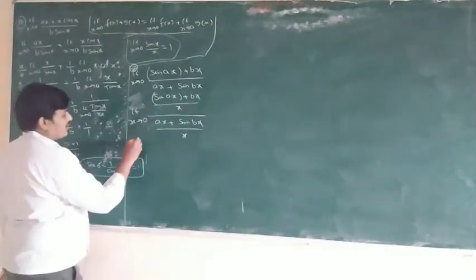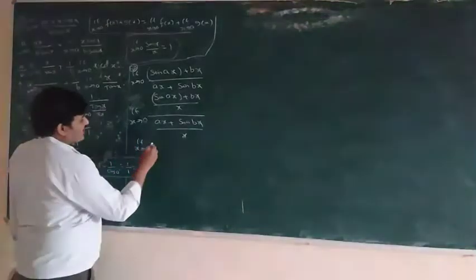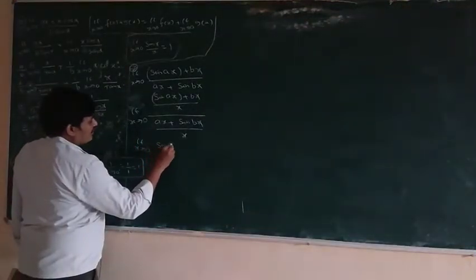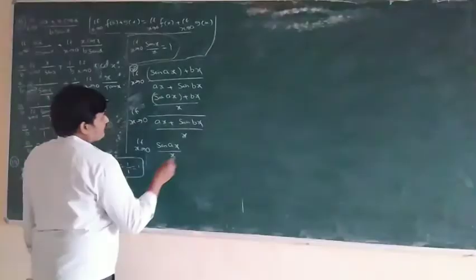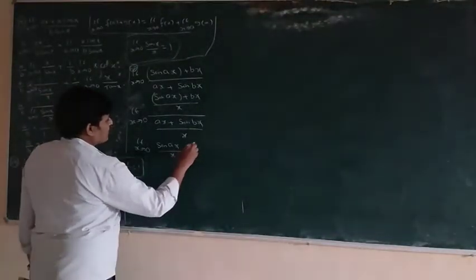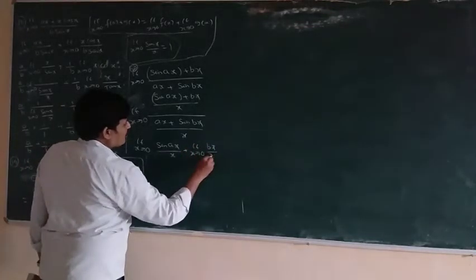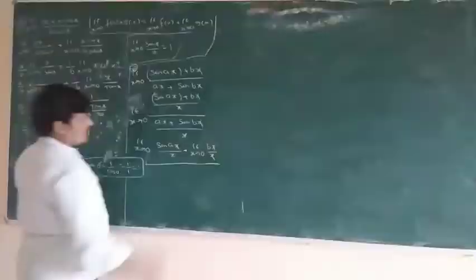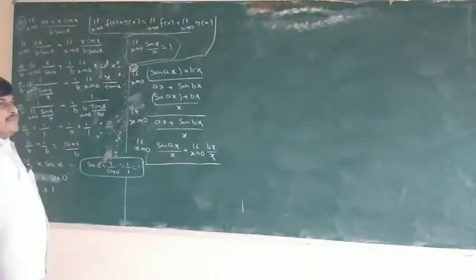So next, limit x tends to 0 of sin ax by x plus limit x tends to 0 of bx by x. This is the numerator. Separate the numerator and denominator using the limits.